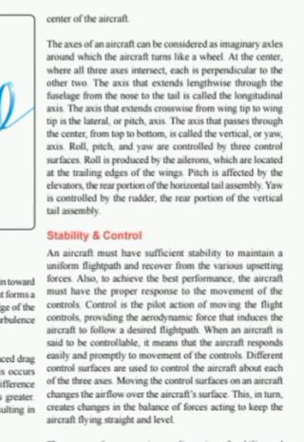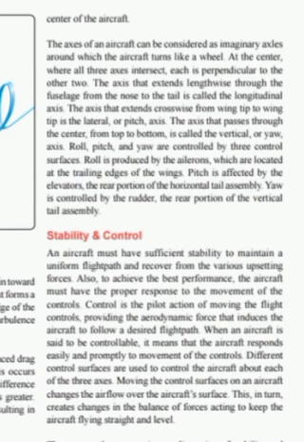Control is the pilot action of moving the flight controls, providing the aerodynamic force that induces the aircraft to follow a desired flight path. When an aircraft is said to be controllable, it means that the aircraft responds easily and promptly to movement of the controls.